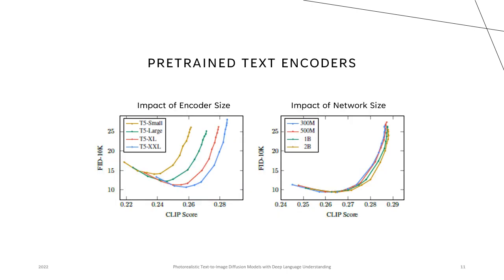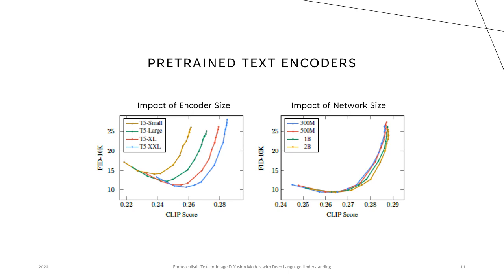And this is a more standardized score where the different encoder sizes, so the T5 small, large, XL, and XXL, were compared against each other, and the T5 XXL was about 5 billion parameters. They found that as that increased, their CLIP score increased.